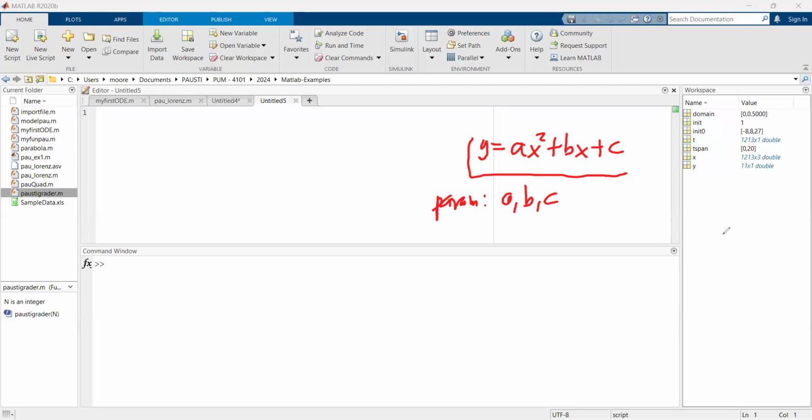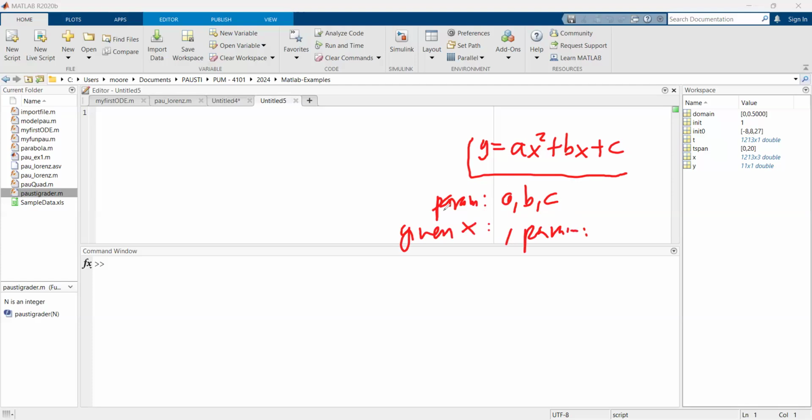And of course, another thing we need is an interval space of x. So we need x, right? So let's just say we want to plot y for a given x as well as some parameters.